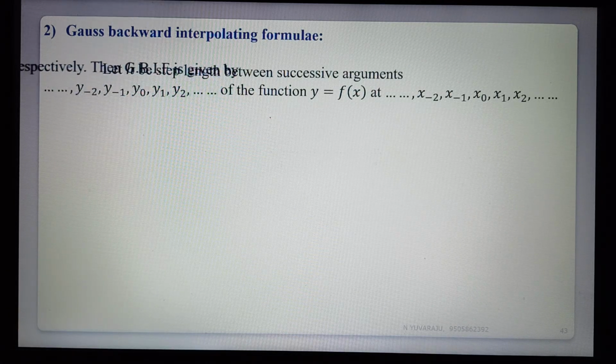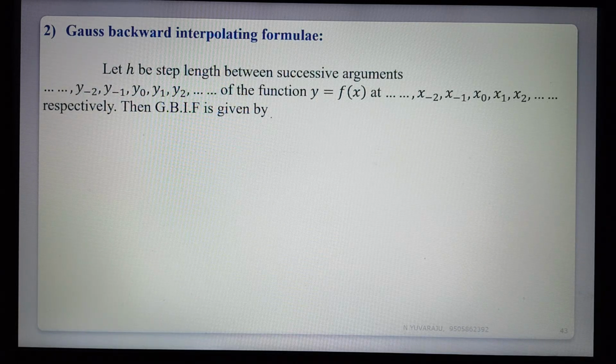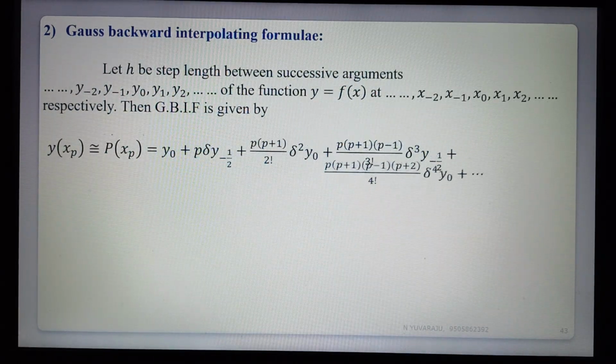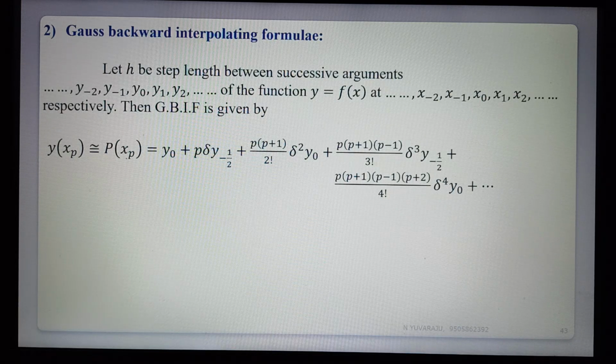The backward formula is given by: y of xp, that is p of xp, equals y0 plus p delta y minus 1 by 2 plus p into p plus 1 by 2 factorial delta square y0 plus p into p plus 1 into p minus 1 by 3 factorial delta cube y minus 1 by 2.